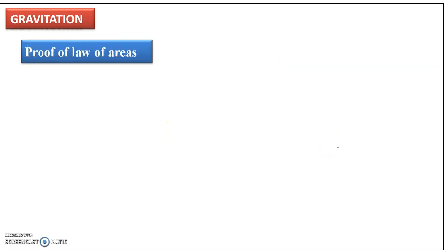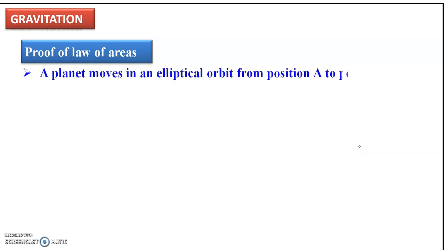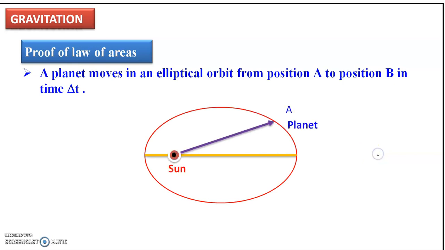Now, the proof of the law of areas. A planet moves in an elliptical orbit from position A to B in a time of delta t. When the planet is at A, the line joining the sun and planet, the radius vector, is r bar at time t.